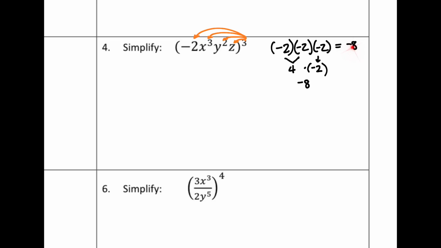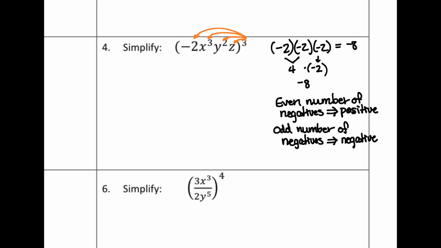An even number, so like just the 2 was a positive. If I were to have one more, I would have a negative 2 with this negative 2, which would make that positive. So an even number of negatives means it's a positive. An odd number of negatives means it's a negative.